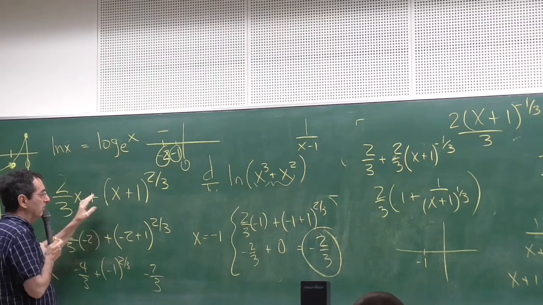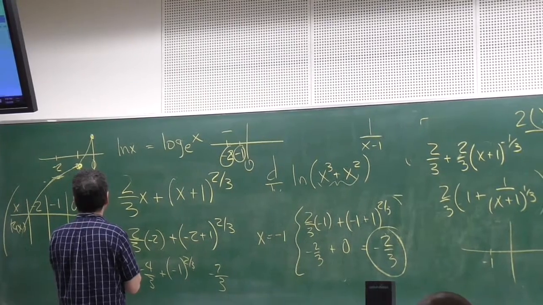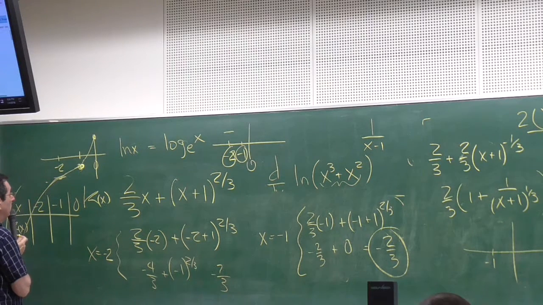When x equals -1. What does it mean that the derivative doesn't exist here?